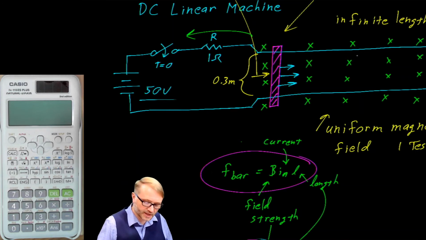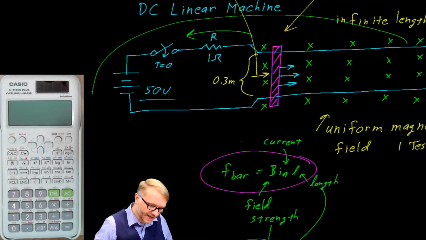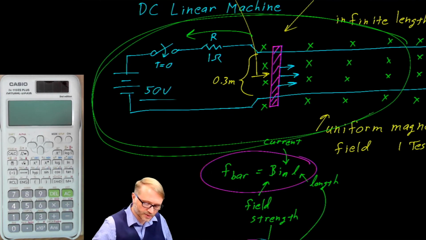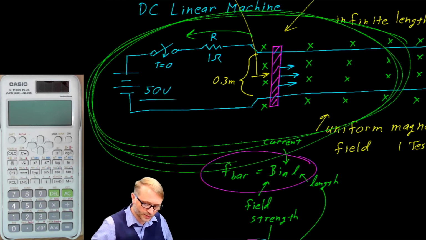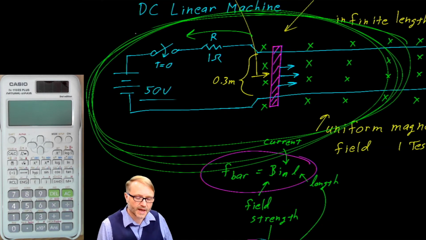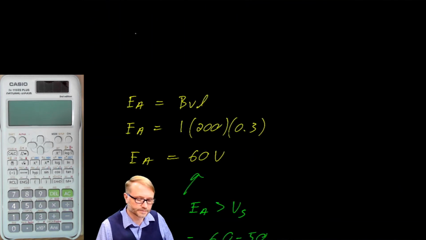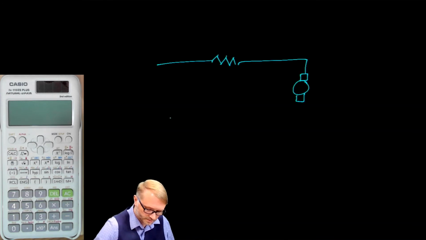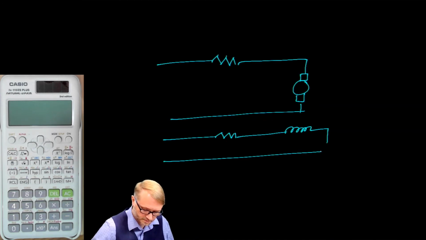As for the rest of our conversation here, we're going to take all of these thoughts. We're going to take this thought experiment, which was a linear machine, and we're going to make it into a rotary machine. We're going to define some new terms. We're going to call this part the armature.